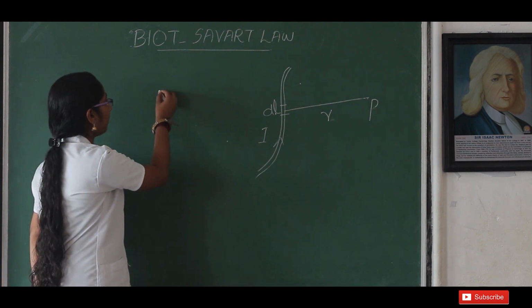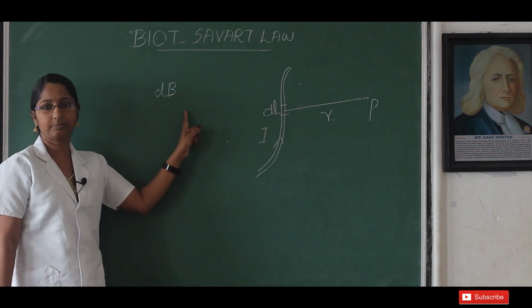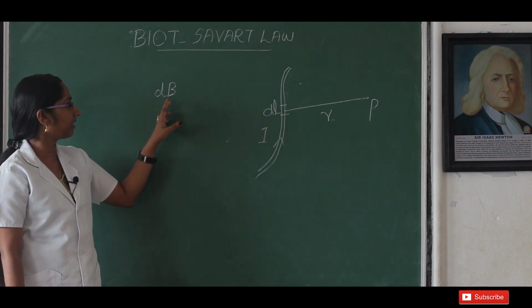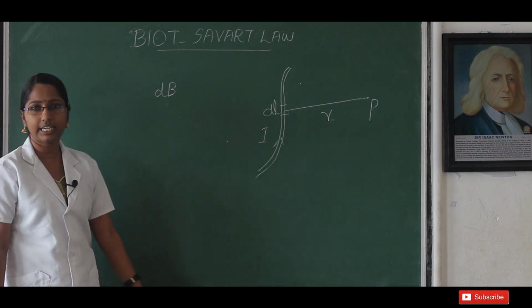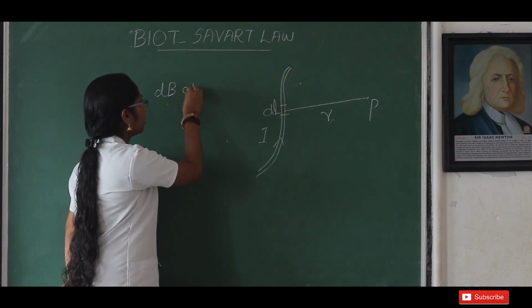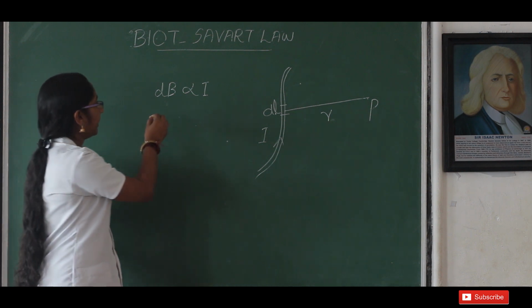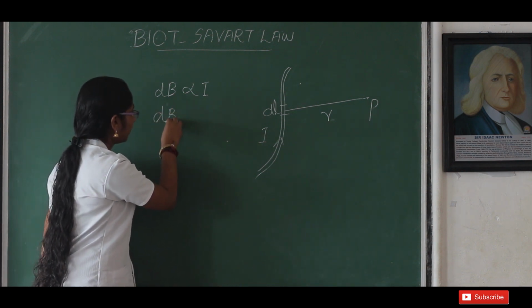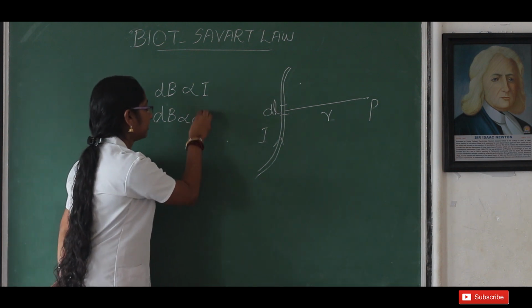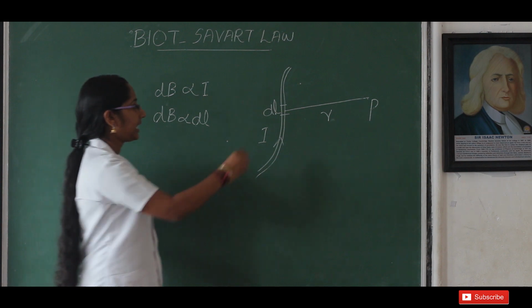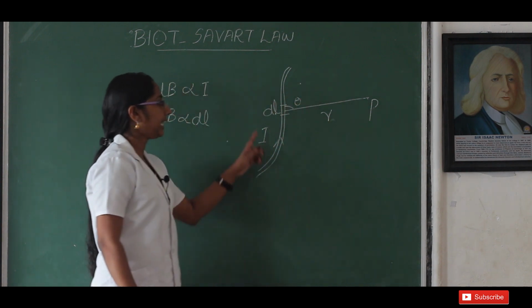For this, the small magnetic field at P, that we can represent as dB, because magnetic field generally we represent with B. Small magnetic field is dB. That is proportional to I, the current flowing through it. Then dB proportional to the small element dl. And theta is the angle between dl and r.